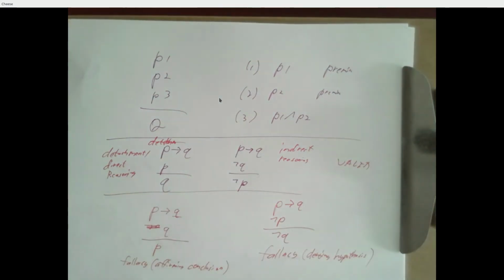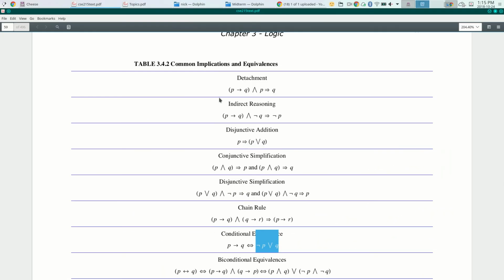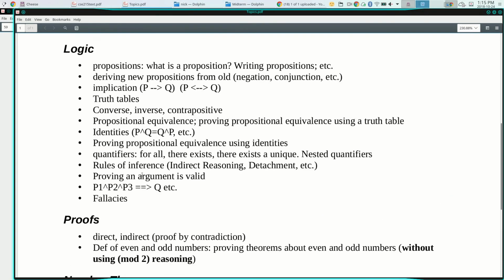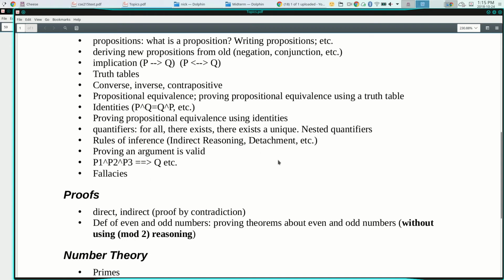These are fallacies. All right, and then proofs. Two main methods of proof, direct and indirect. Indirect is a proof by contradiction, but it's also a proof of the contrapositive. Right, so we're assuming the negation of the thing we're trying to show, and we're arguing to a contradiction.